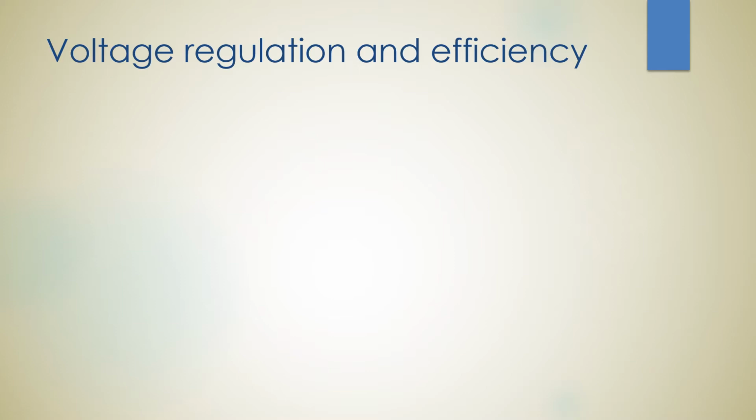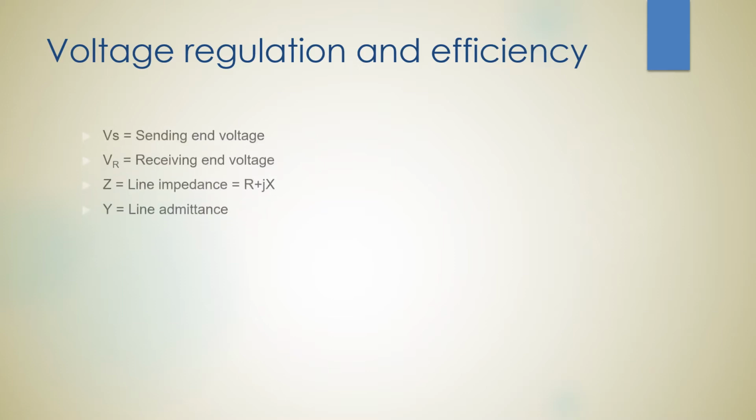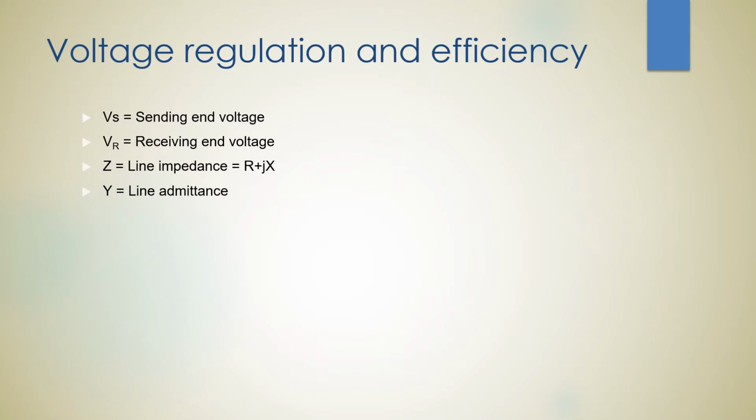Voltage regulation and efficiency, we will see how they are defined. Now when the load is connected at the receiving end, the voltage of receiving end gradually decreases from no load to full load.